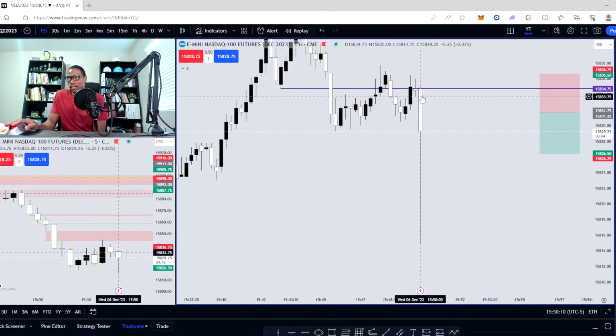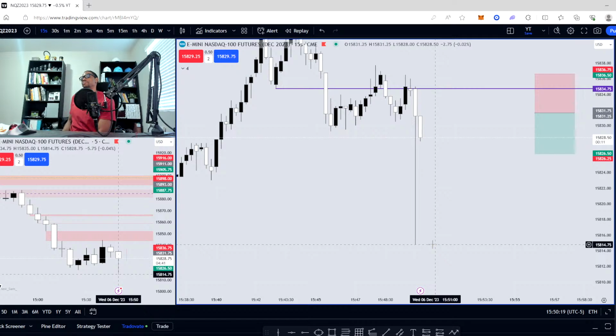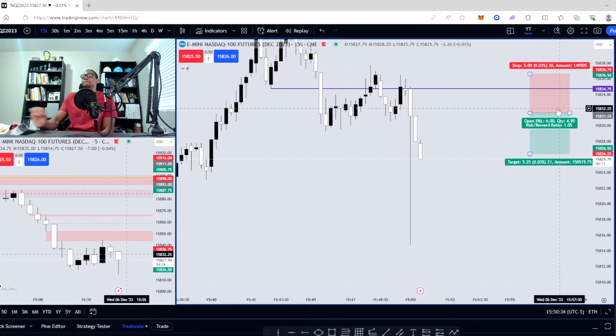How quickly one candle in 1 second can move. That was a 20-point 1 second candle. 350. This is why I don't like being in trades late in the day. Oh man.